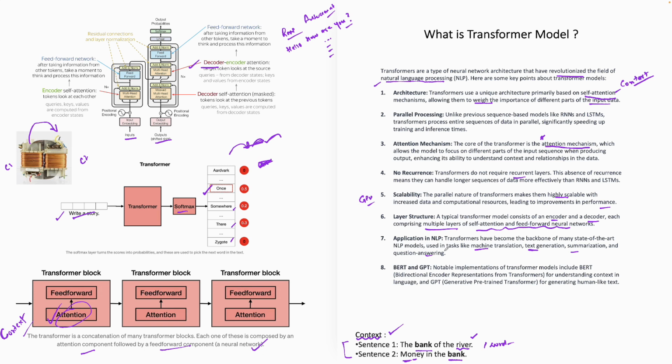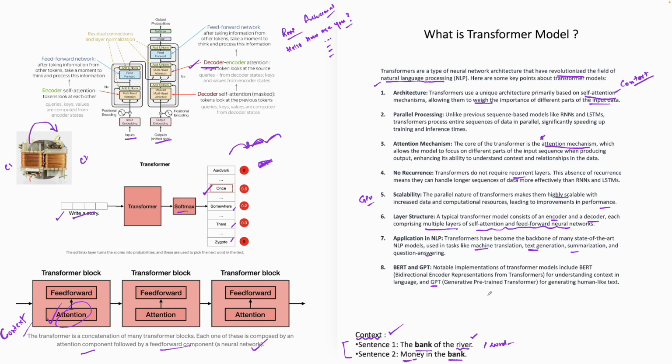And the notable implementations of transformer model include BERT. It's again getting very popular. It's called the Bidirectional Encoder Representations from Transformers, for understanding the context in language, and GPT that I just talked about, the ChatGPT. Don't worry about it. We'll do more deep dive into ChatGPT or GPT, and why GPT is called a GPT.